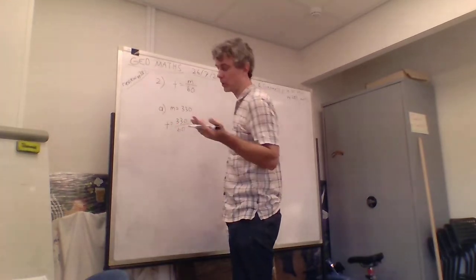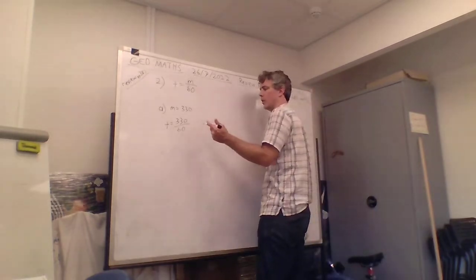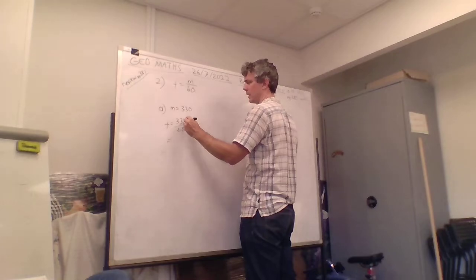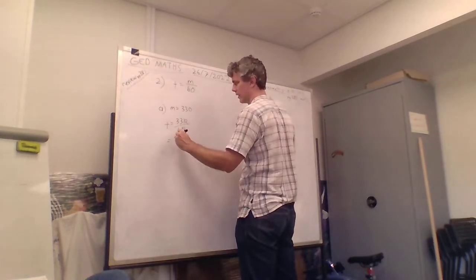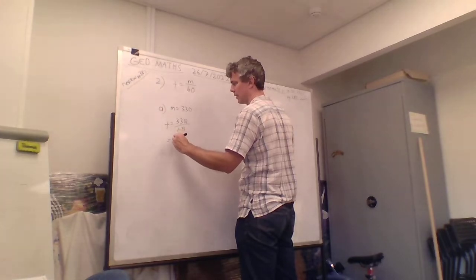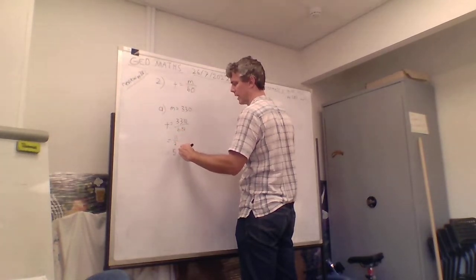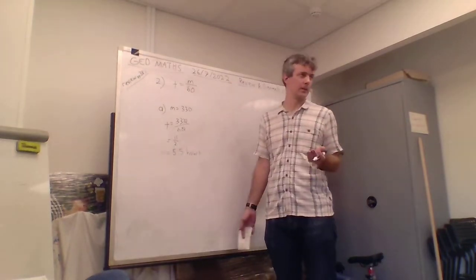Now it says we can use a calculator, so we can just put in our calculator 330 divided by 60. It is 5.5 hours. 6 goes into 30 5 times and a half, right? So we have 11 over 2, which equals 5.5 hours, or 5 hours and 30 minutes.